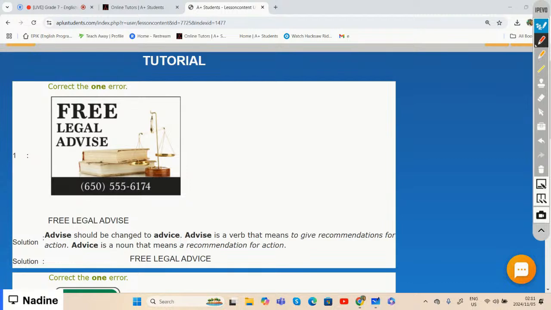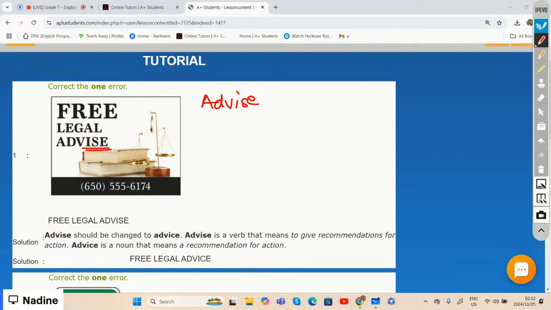And if we were to correct the error, not even a sentence, it says free legal advise. So advise is incorrect, because if I were to say, oh no, I'm going to advise you on what to do, then it means that I am telling you what to do.